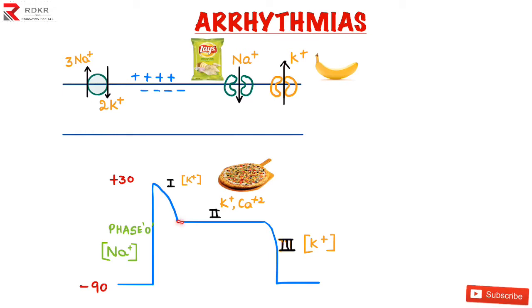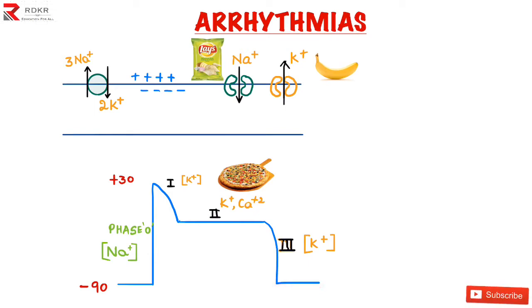Due to this potassium and calcium balance, you have a steady state. You have a straight line. After some time, your pizza is completed, even though you didn't start eating banana, so your potassium channels are maintained, they keep open. Now the repolarization has completed, and again we reach the resting membrane potential.